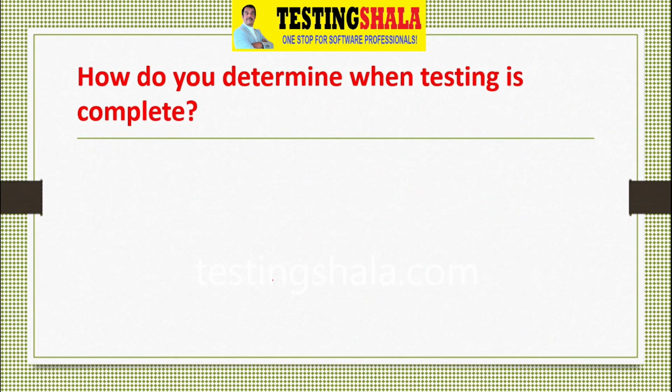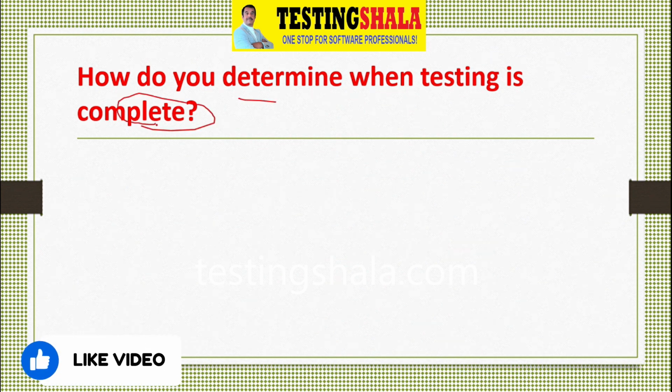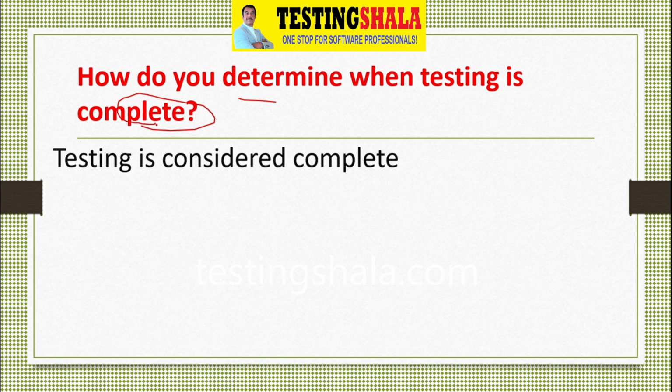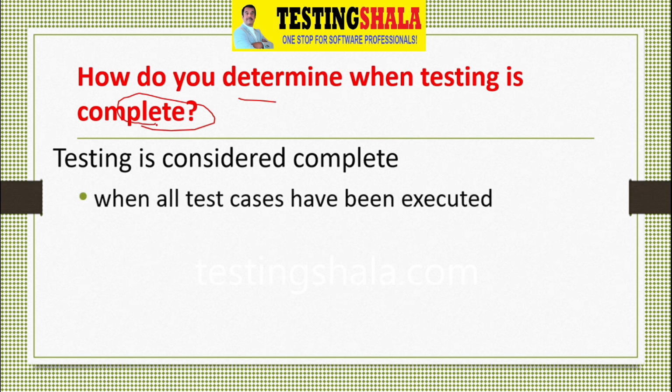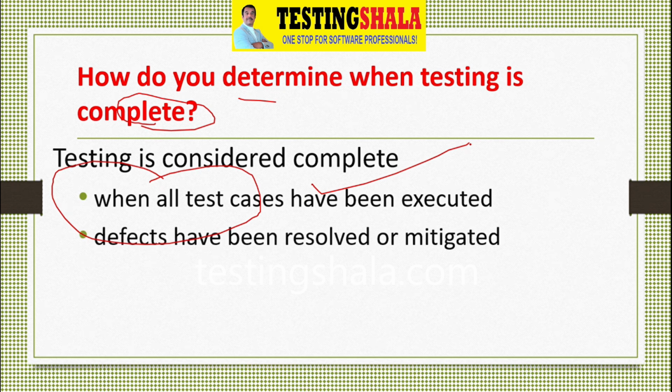The next question is, how do you determine when the testing is complete? This is a very hard question, and normally they ask it in any interview. When we say testing is considered complete, the first thing to call out is that all the test cases have been executed. That is a key aspect we should define.